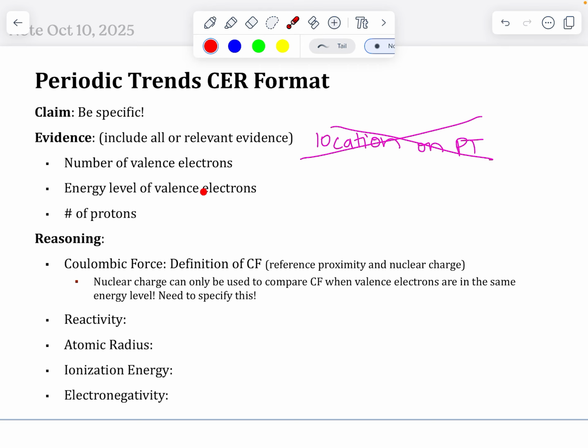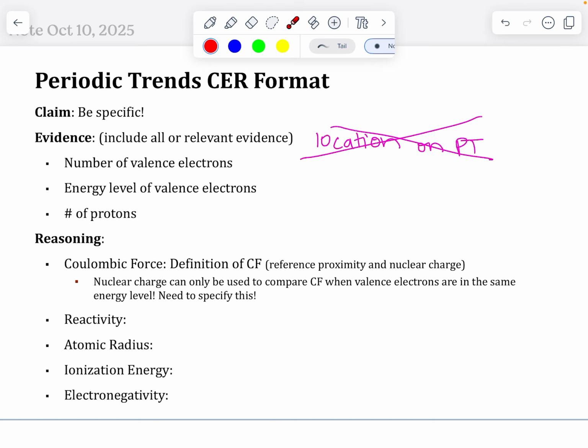I also want to know the energy level of those valence electrons. If those are in the third period, I want you to say those valence electrons are in the third energy level. And then the number of protons can be helpful depending on if you're talking about coulombic force and those valence electrons are in the same energy level. Then protons is what we use to determine that coulombic force.